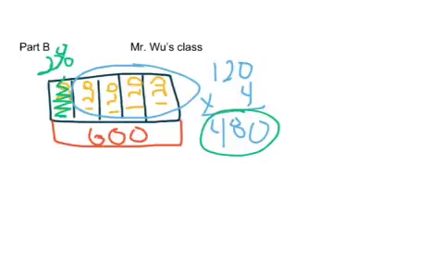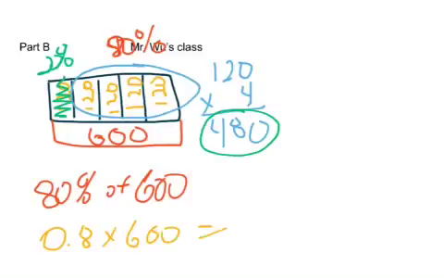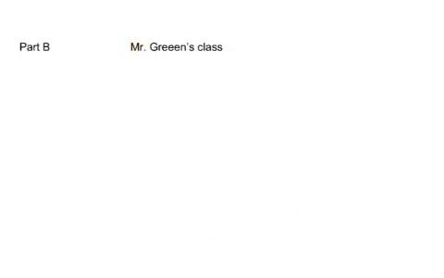So the remaining then would have been 80%. So we could have found 80% of 600. So we turn 80% into the decimal 0.8, multiply it times 600, and when you do that, you're going to get the $480.